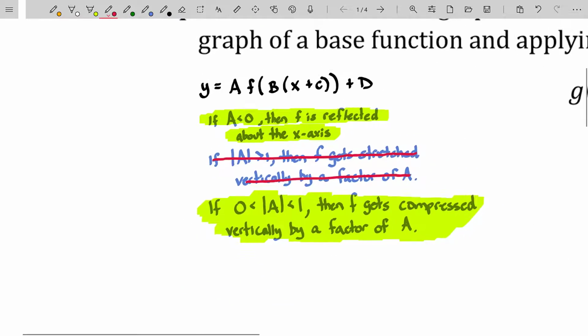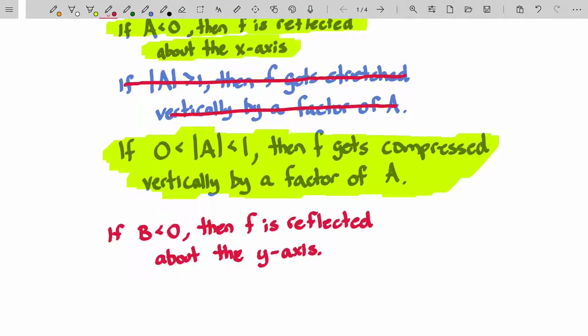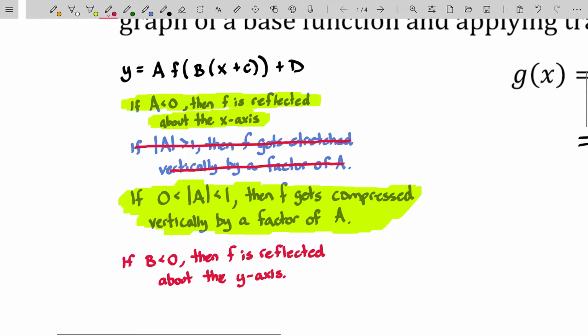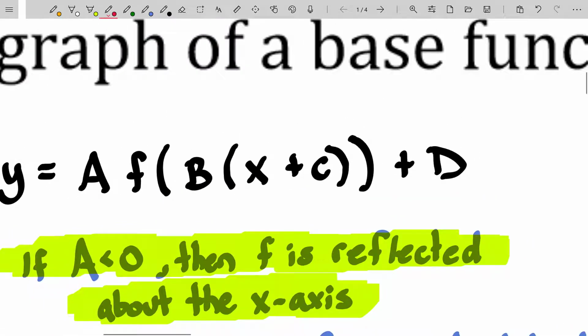However, because it's inside the function, it's actually the opposite of what we would normally think. The only thing that's not opposite of what you would think is this part right here. If b, which is the coefficient of x in the argument of our function here, is negative, then it's going to be a reflection about the y-axis of the original function.